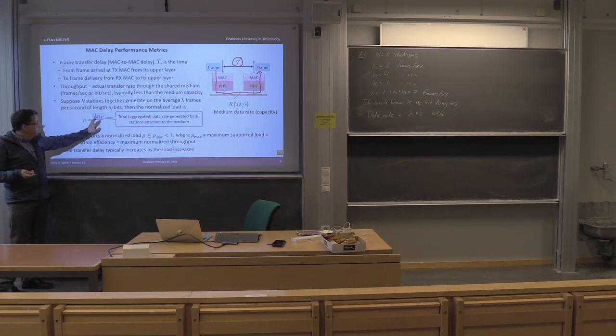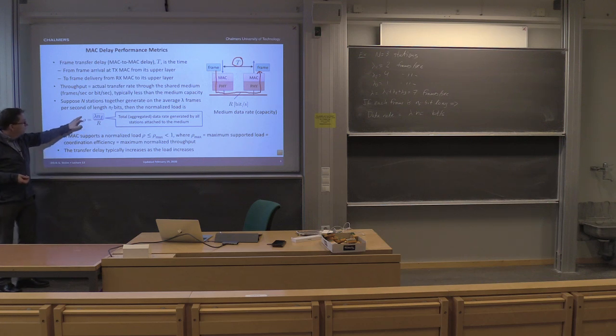If we divide it by the rate we have on the medium, we get sort of an efficiency. We changed notation: usually we called this eta before, but now we call it rho in this context because this is the established notation.